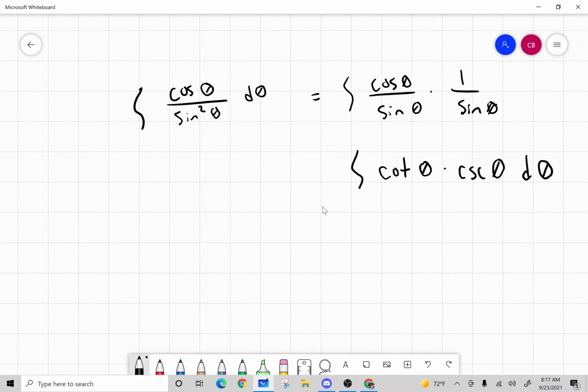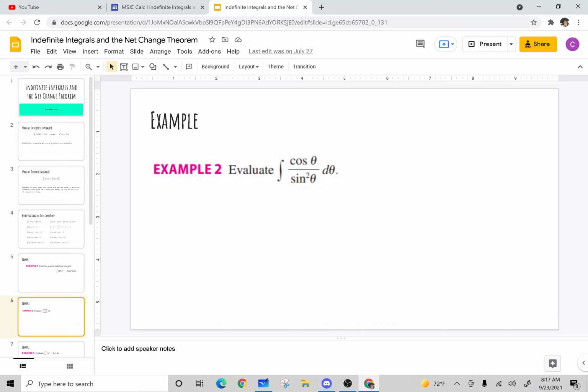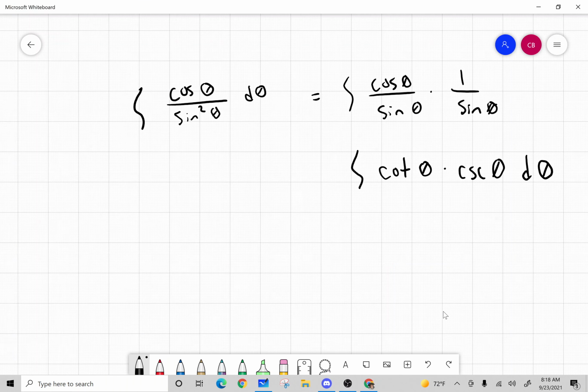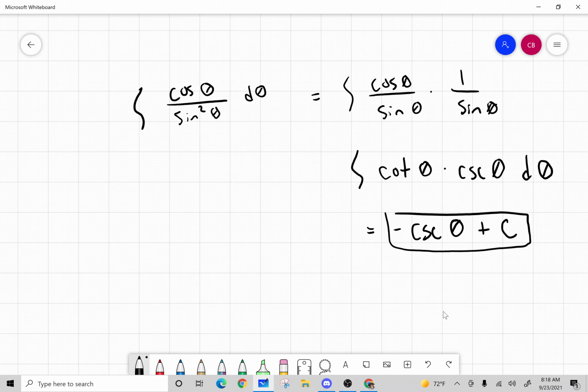So that's the identity of this. And then from there, if you check your list, you'll notice you've got cosecant cotangent, and that's equal to negative cosecant. So this is equal to negative cosecant theta plus c. And that is your integral for this function.